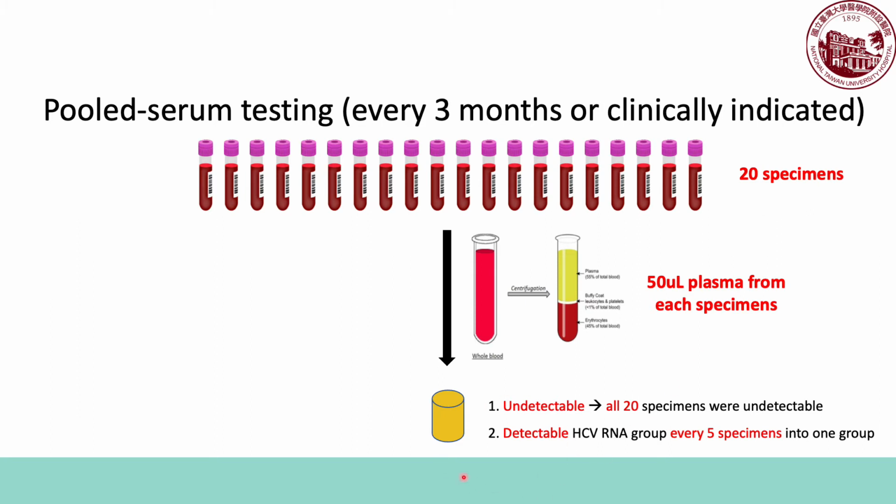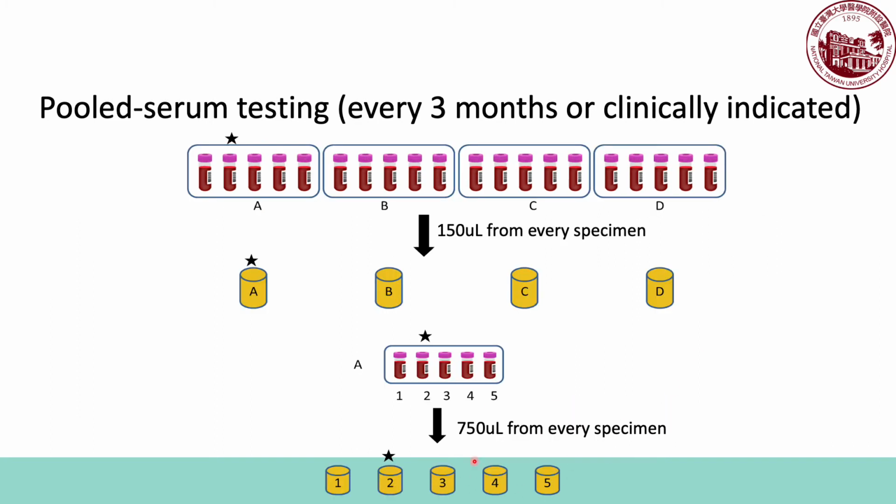If the result is detectable, then we combine every 5 tubes into one specimen and test it again. Let's assume this one is positive, then this tube will become positive. Later we will test the 5 tubes individually to identify which one is positive for HCV RNA.